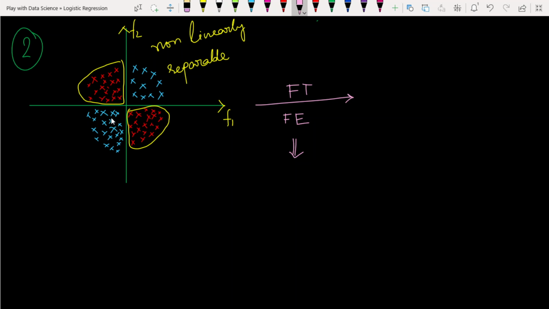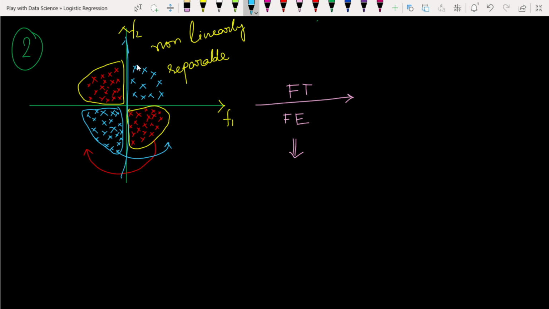If we transform this data in such a way that our blue data is in the positive direction of F2 and the gray data is in the negative direction of F2, then the F2 axis will easily separate these two data.